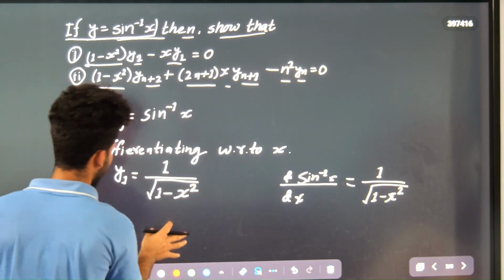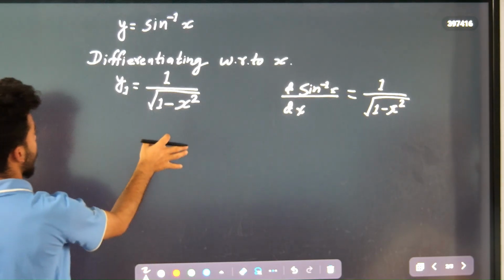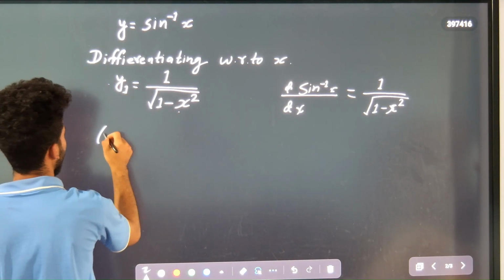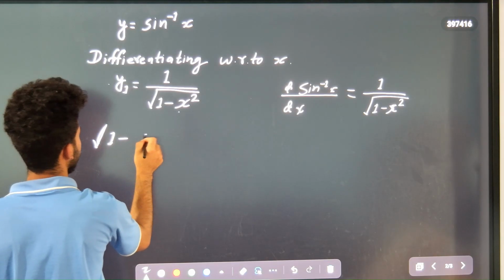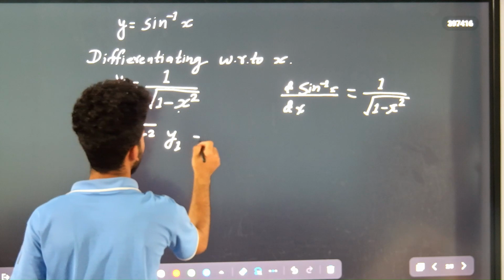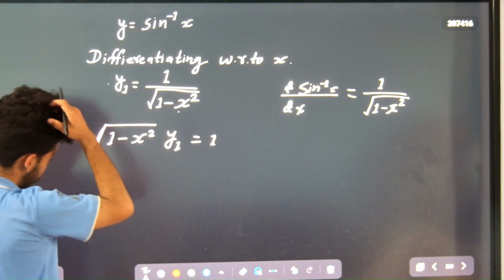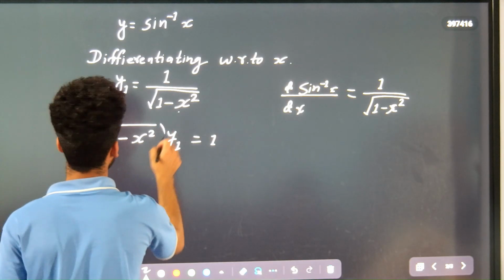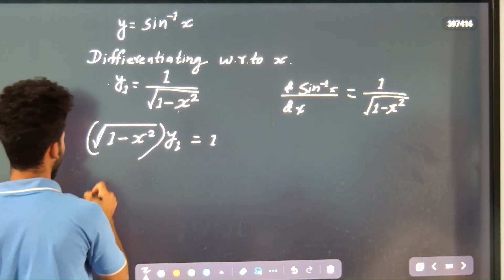Now multiplying this goes to there, 1 minus x square root y1 equals 1. Now we can square both sides to eliminate this under root.